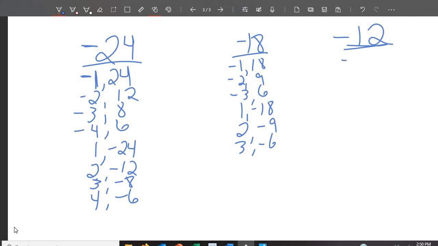We'll do -1, +12, -2, +6, -3, +4, and then list the negative on the 12, the negative on the 6, and the negative on the 4. Then we do the same process: add the numbers up and see if they equal what's in the middle.